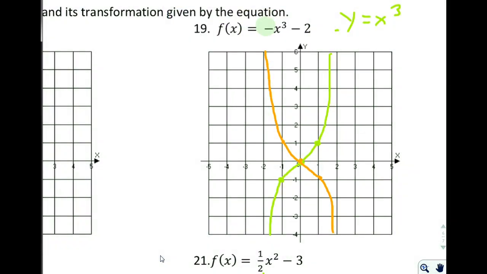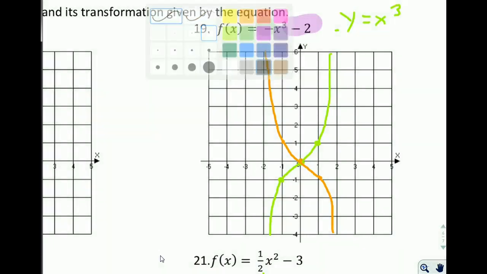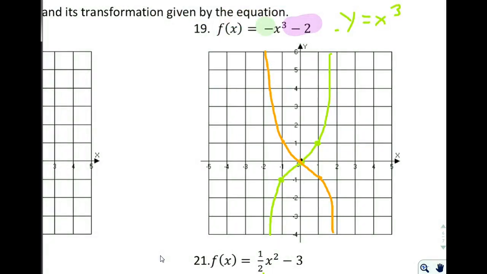What we do have is a minus 2 out front, which is going to drop the entire graph 2 units. So if we start from where we were and move down 2 full units in every spot, we will end up here. And then because we moved down 2 full units, going up 8 will finally be possible, so we will be able to actually cross the line x equals negative 2.